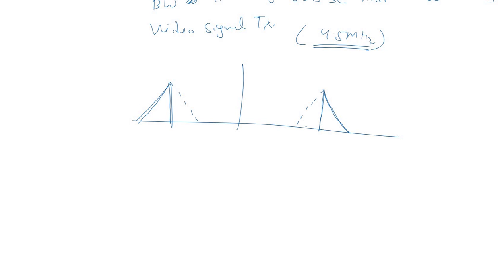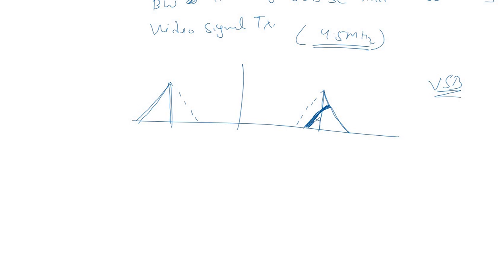In vestigial sideband modulation, a vestige part of this undesired sideband is also taken into consideration, and an equal amount of the desired sideband is eliminated. So this kind of a signal is transmitted in case of vestigial sideband modulation.